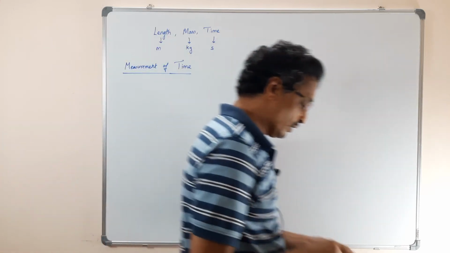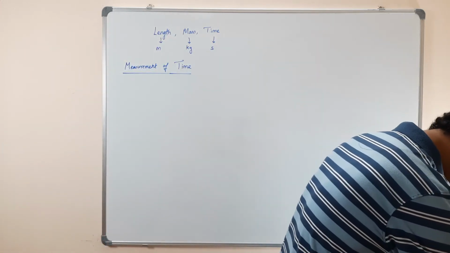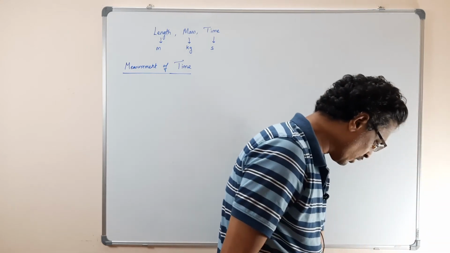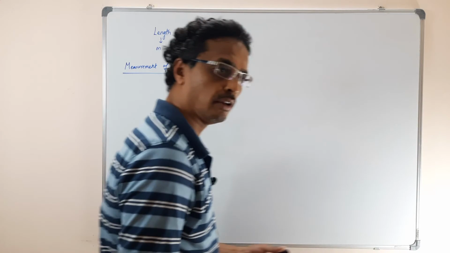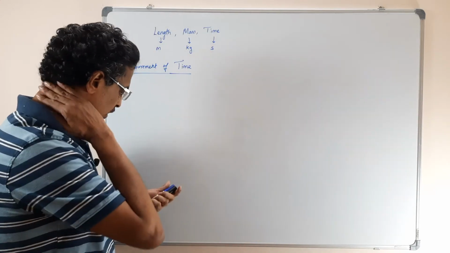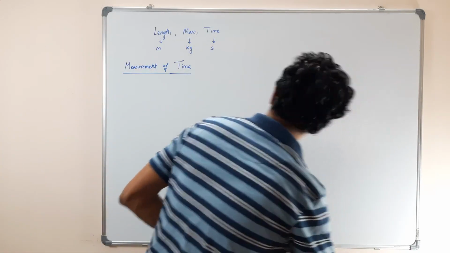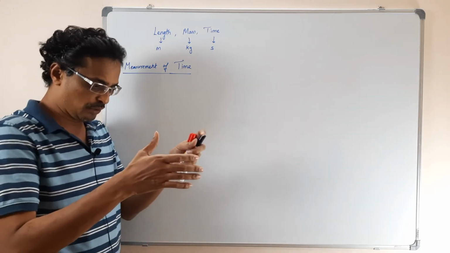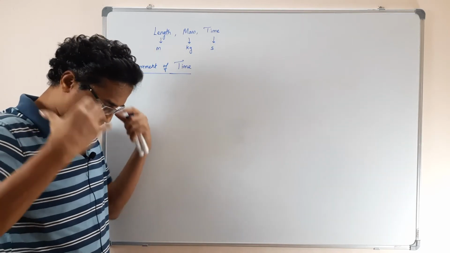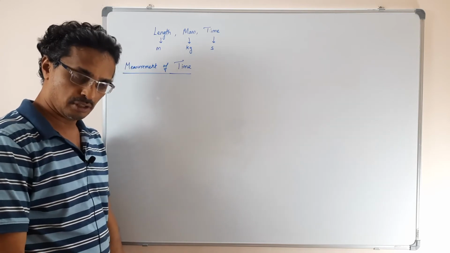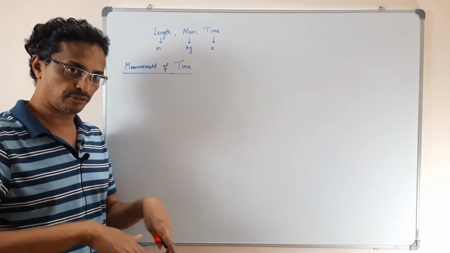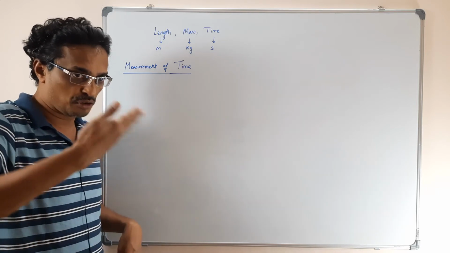For quite long, people were using something called the mean solar day. What is a mean solar day? Suppose your shadow today is falling exactly on your foot. If I don't change, when will the shadow next fall on my foot? After 24 hours, correct?